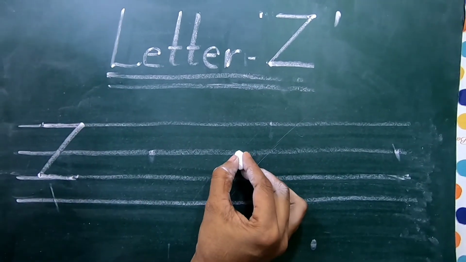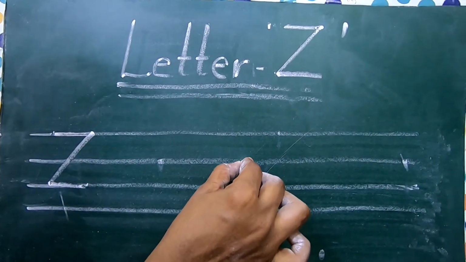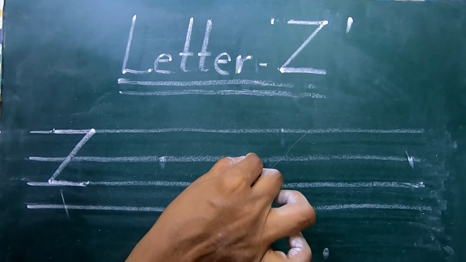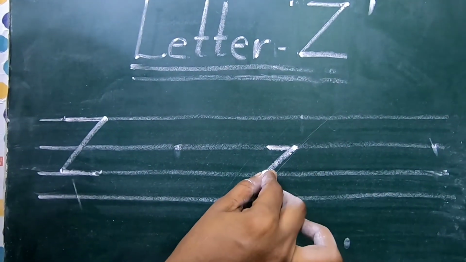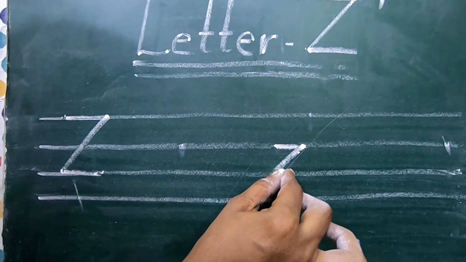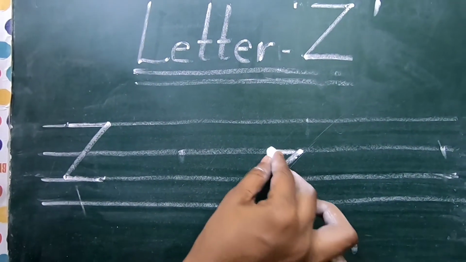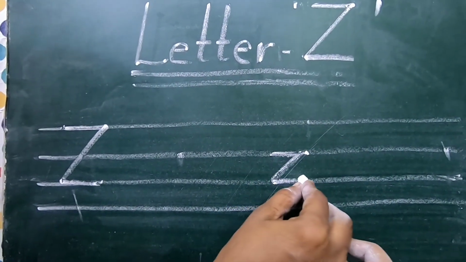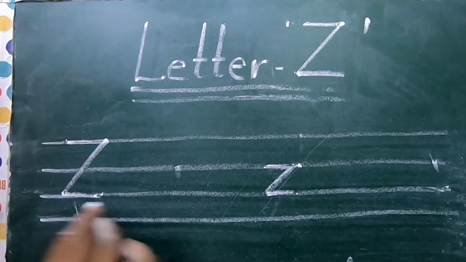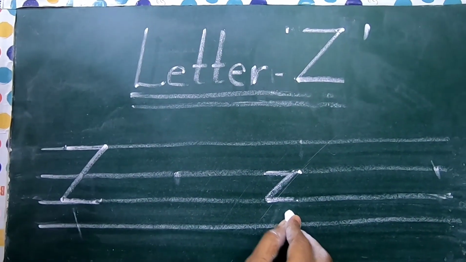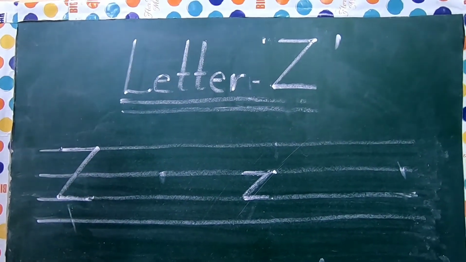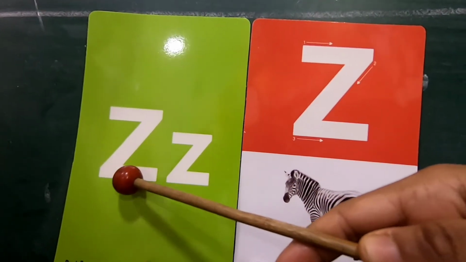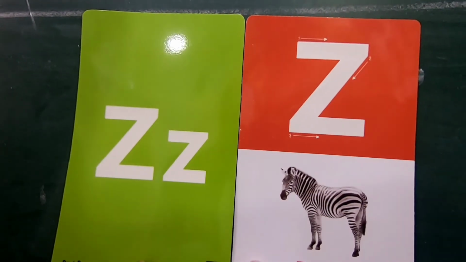Let's practice small z. You have to start from this waistline, make a slanting line, and then again make a sleeping line. This is small z. This is capital Z and this is small z. Let's practice the sound of Z. So this is capital Z and this is small z.